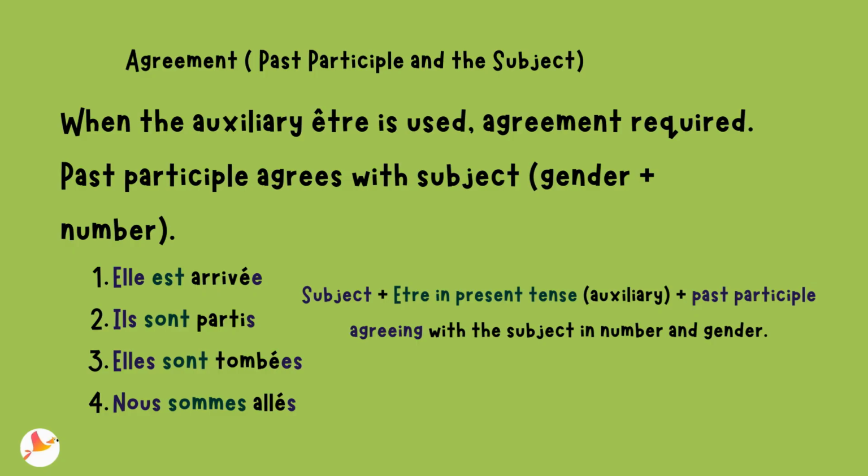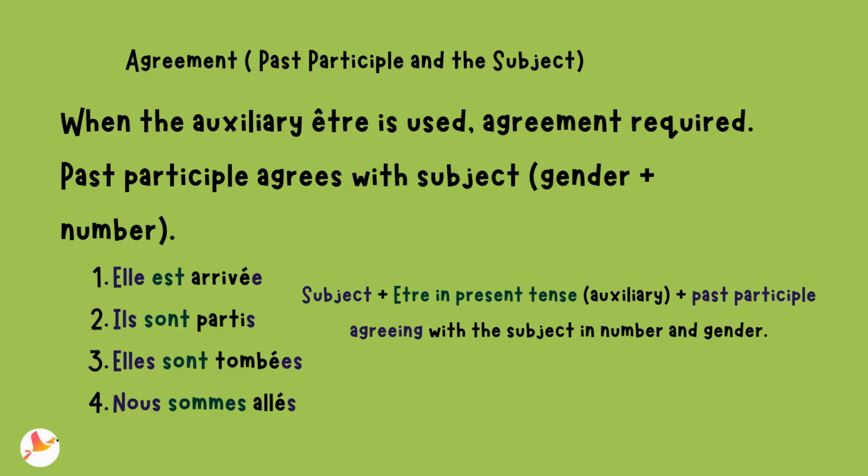In number 2, S is added to the past participle because, again, the helping verb used is from être. We have sont, which is a helping verb, or the auxiliary verb, which is être conjugated in the present tense.